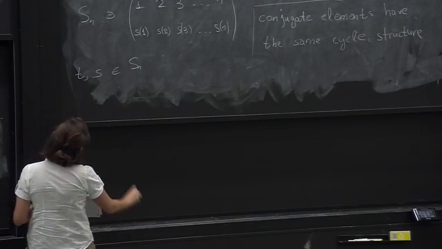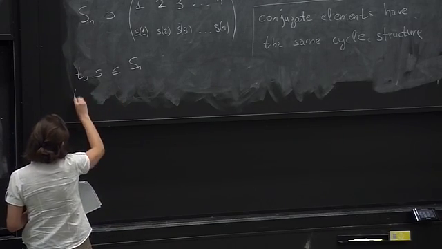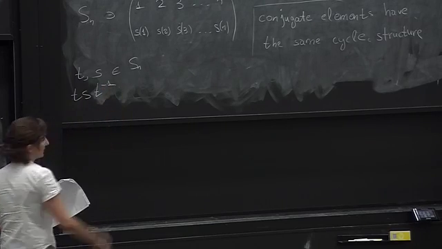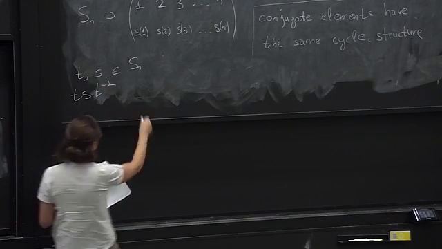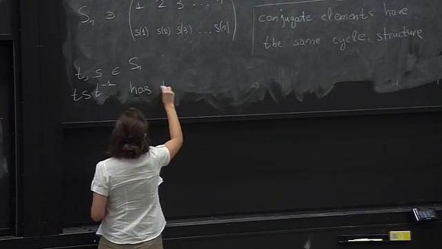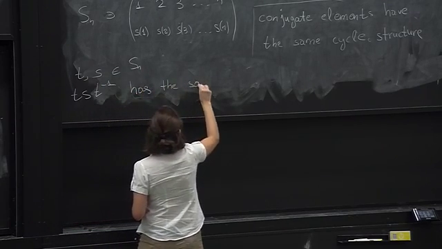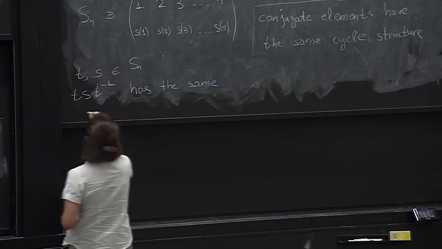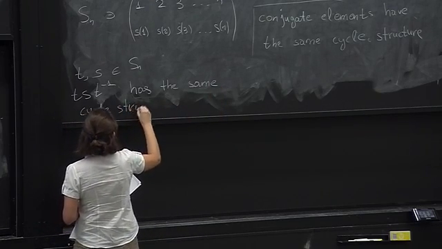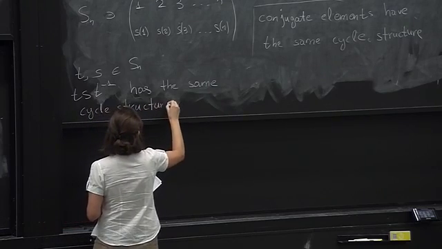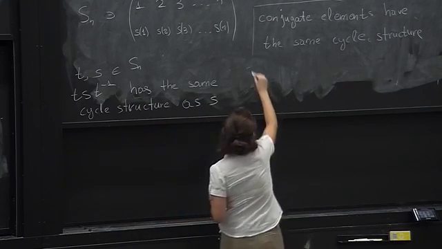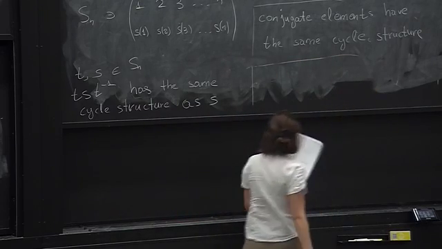So what I want to show is that this element of the group has the same cycle structure as S. Why is this true?